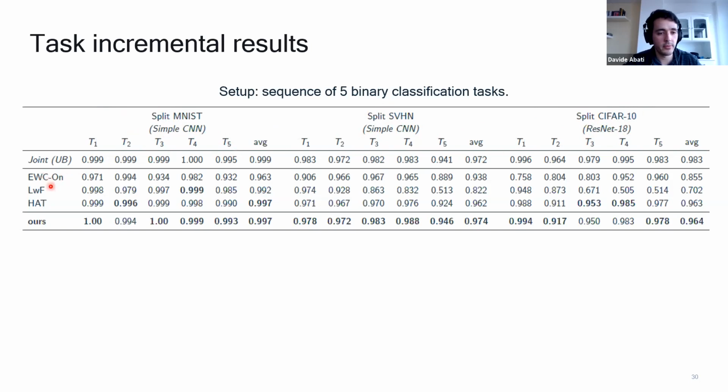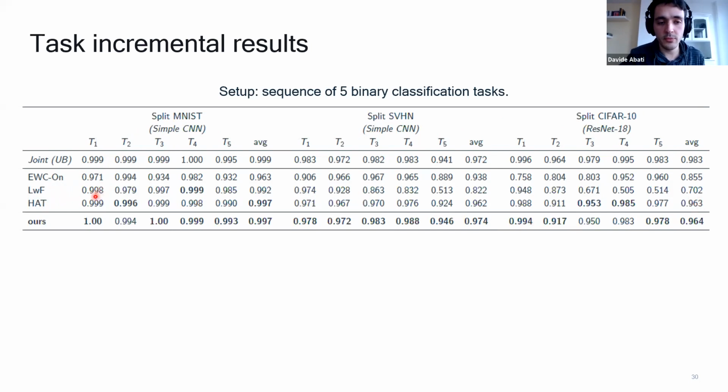We outperformed strategies such as EWC Online, which is an online version of a regularization-based approach. Learning without Forgetting is a knowledge distillation approach, and HAT is just another parameter isolation approach.